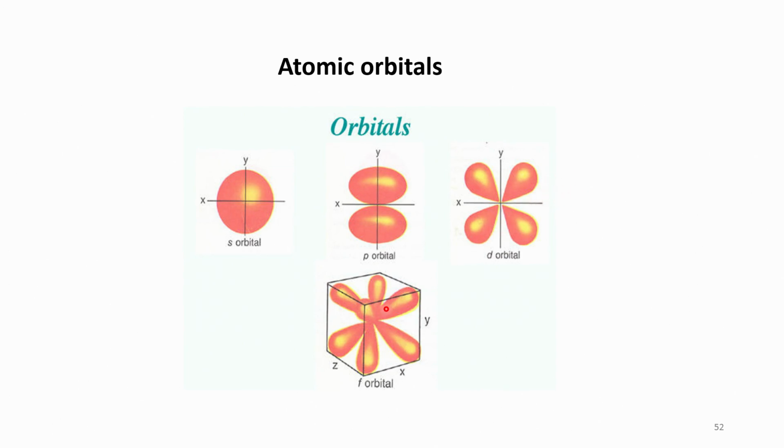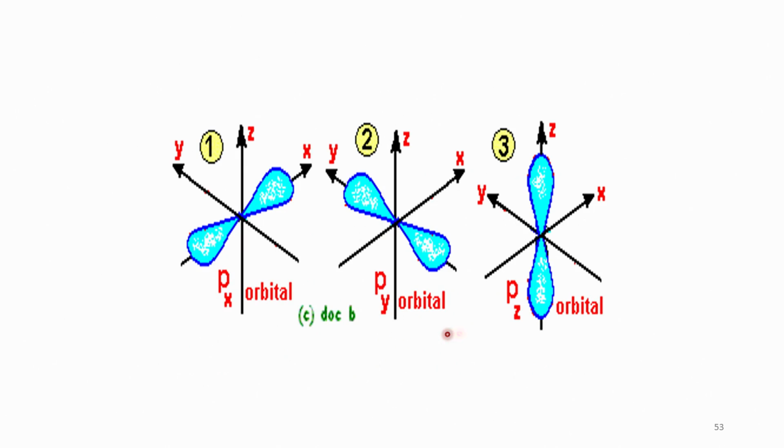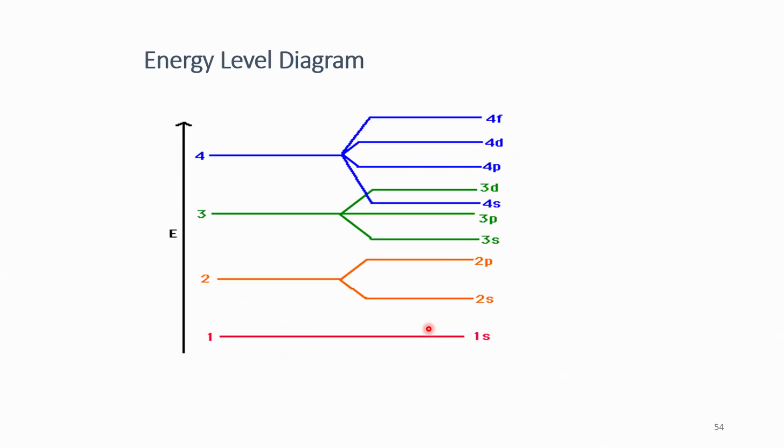The f orbital you can imagine like a cube, with the nucleus at the center, 4 orbitals at the top occupying the 4 corners, and 4 orbitals at the bottom, all dumbbell shaped, except for the spherical s orbitals. So, this is the px, py and pz orbital. These are all very simple stuff, and the actual energy level diagram will tell us the order in which we put the electrons in the atomic structure.